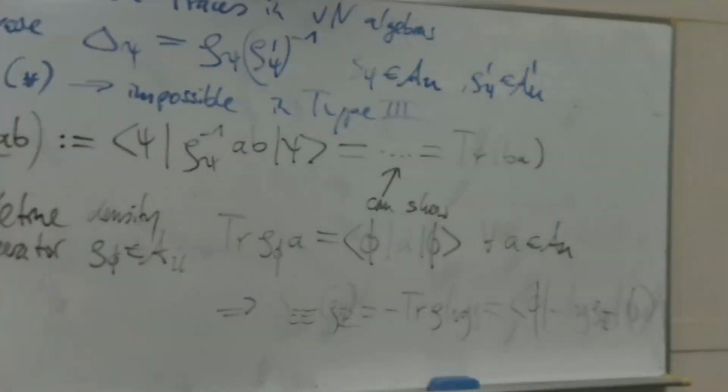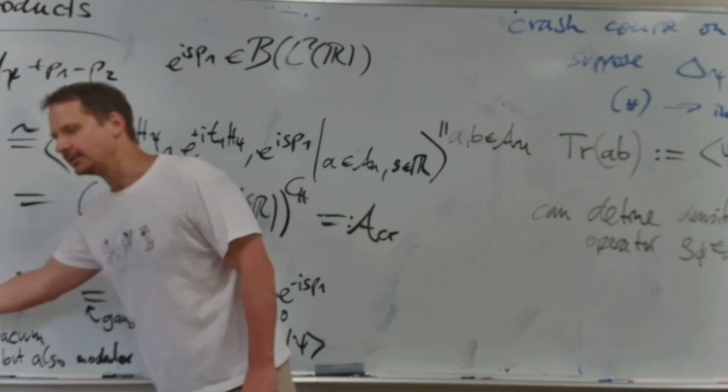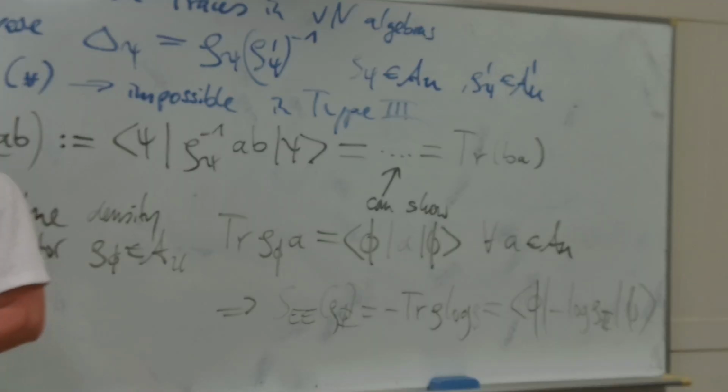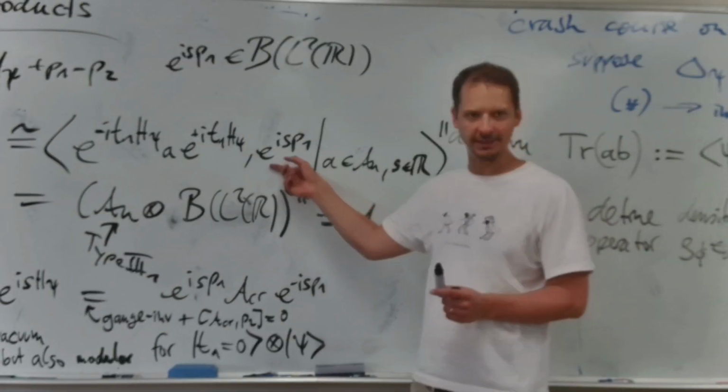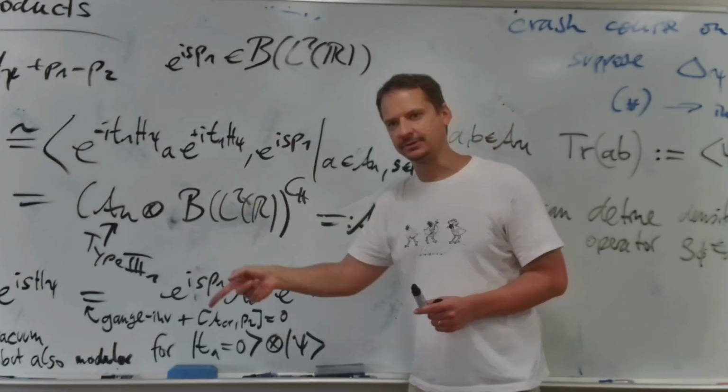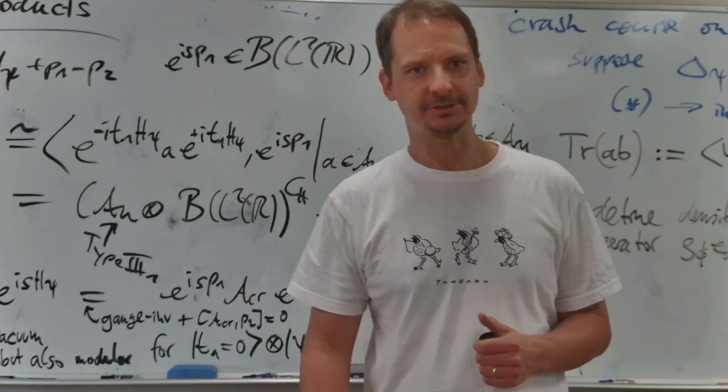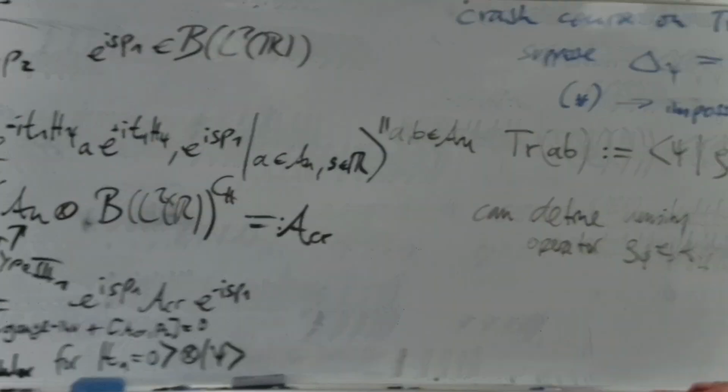But then what does that tell you? The modular flow is now generated by the clock reorientations. The reorientations are part of the algebra, so the flow is inner. So it's generated by an element of the algebra.